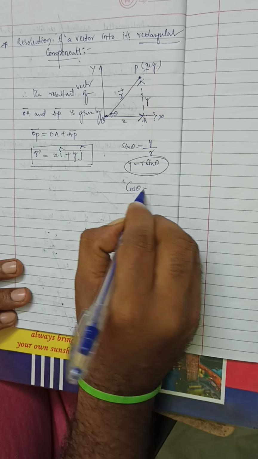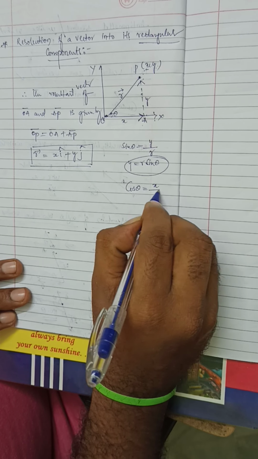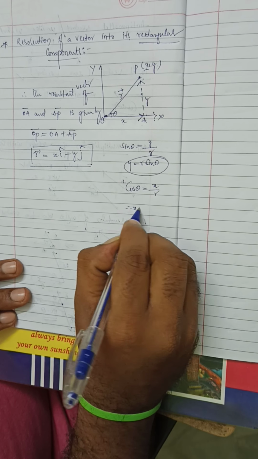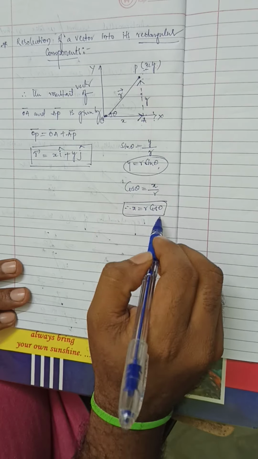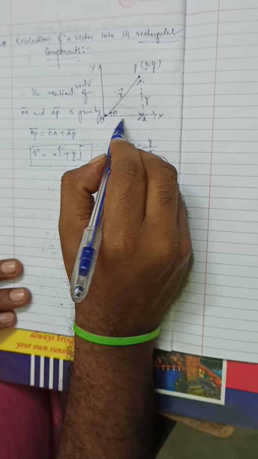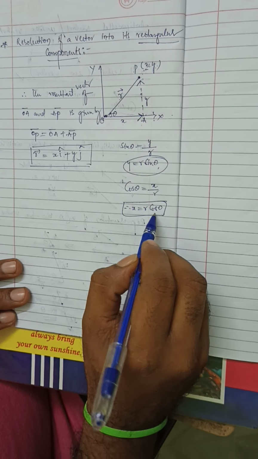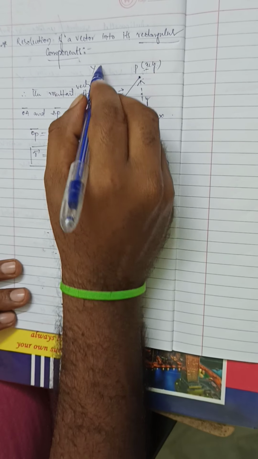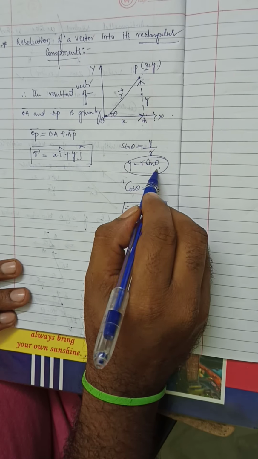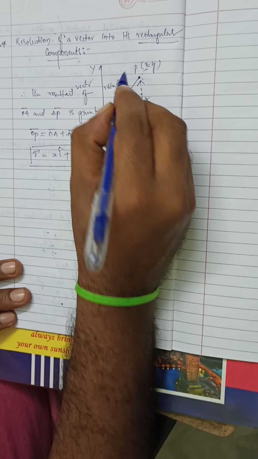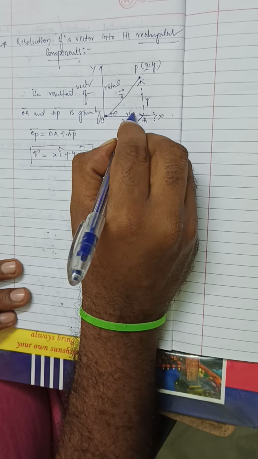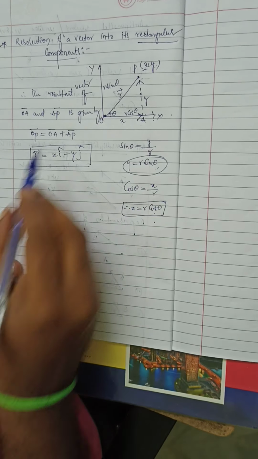If you take cos theta is equal to adjacent side by hypotenuse, therefore x is equal to r cos theta. So these are the two important terms. Along the horizontal direction it will be r cos theta, along the vertical direction it will be r sin theta.